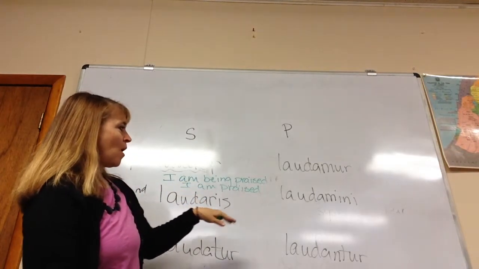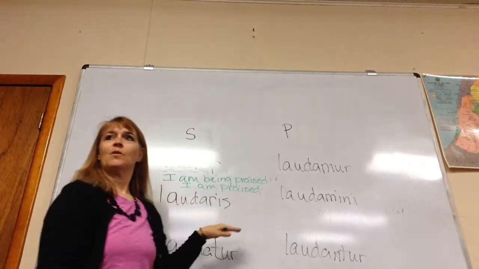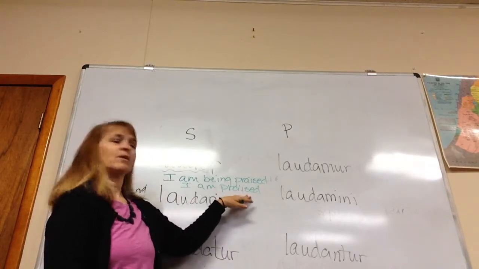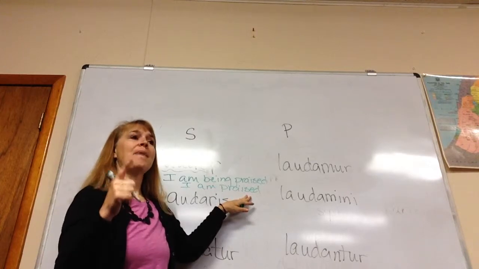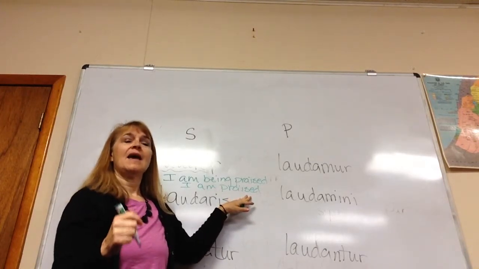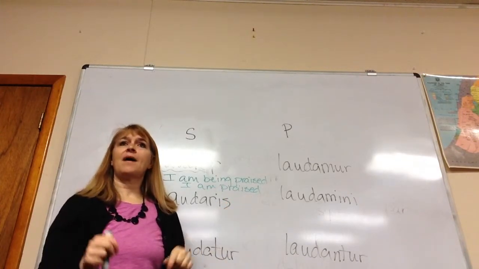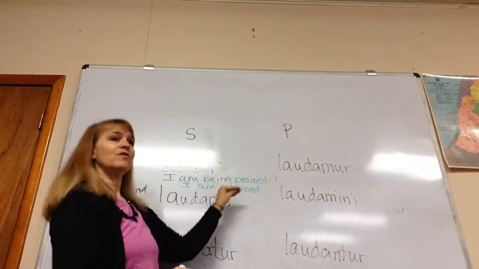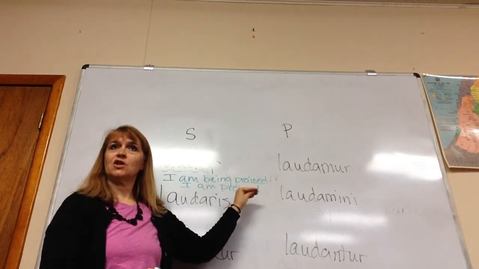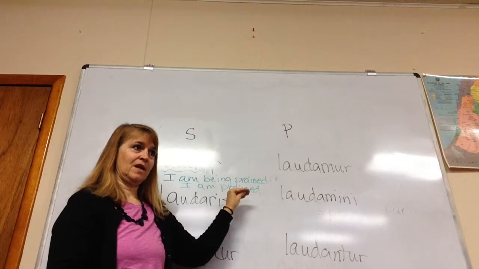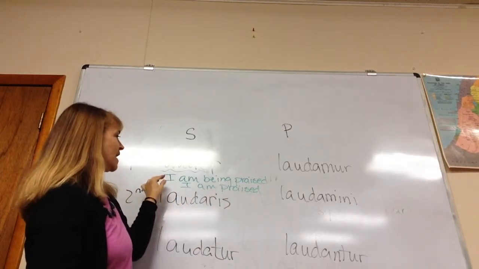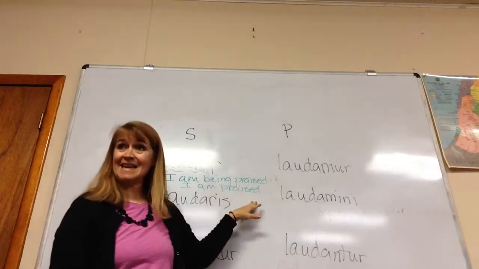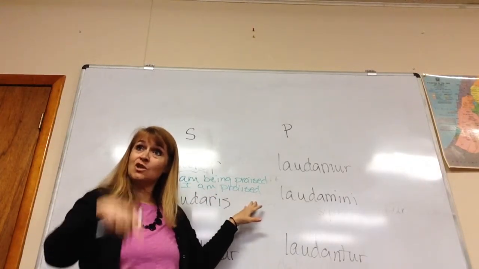So, Mrs. Major, what do we always have with passive? What do we call this? The past participle. We need a past participle. If you do not have a past participle as part of your verb, your translation, you don't have a passive. It's true every time. If you are saying I am praising, do you see how the subject is doing it?